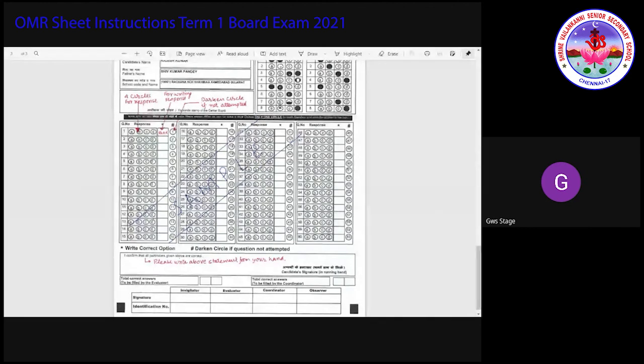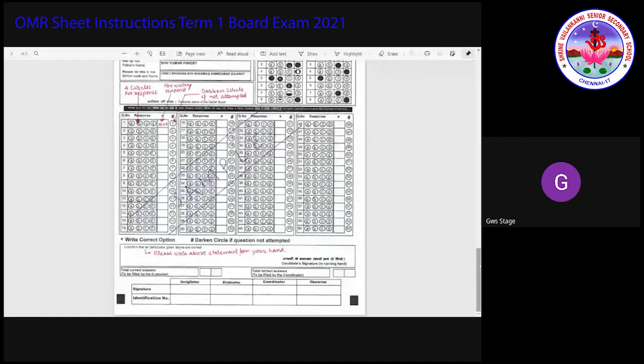Now, once you are absolutely sure about the answer, then you mention your response in the box that is provided. As your teachers have told you, if 25 questions are given and 20 is the choice that is there, you have attempted all 25 and you are not sure about a couple of them, then whichever one you're not sure of, go and fill the hash column.